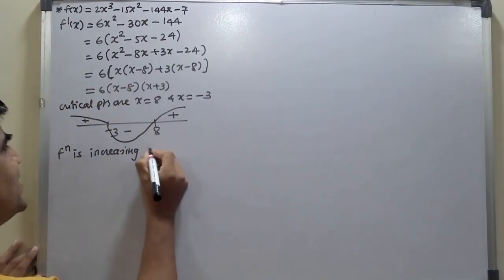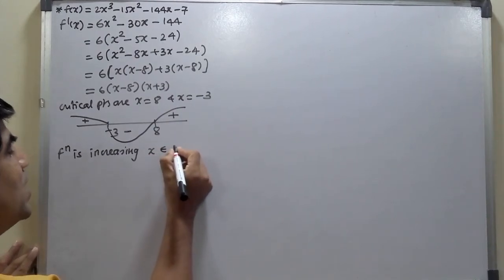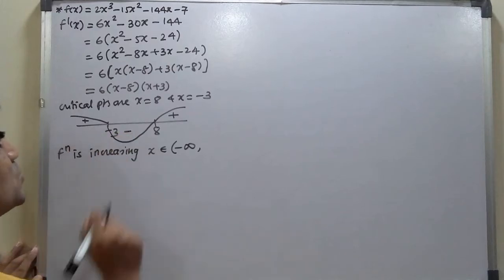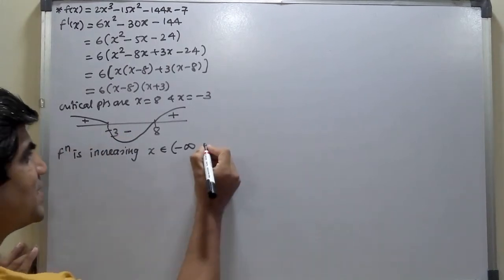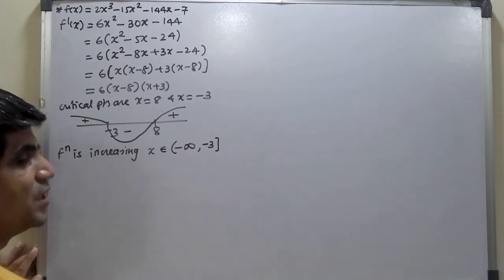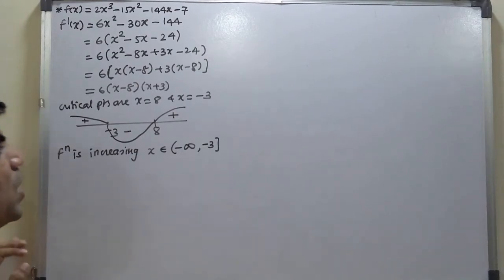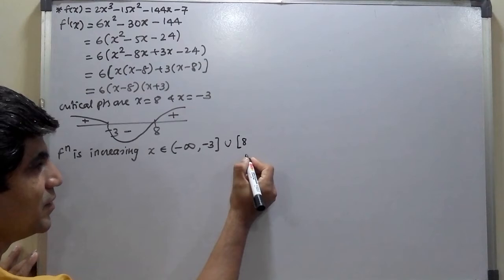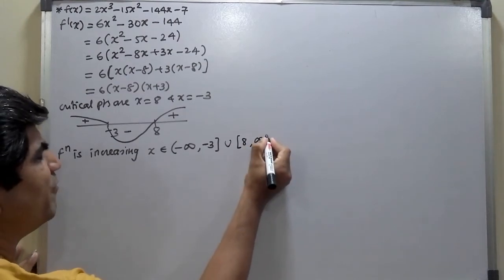So it is increasing for x belonging to negative infinity open and here minus 3 closed. So it will become 0 here. Union 8 included going up to positive infinity open.